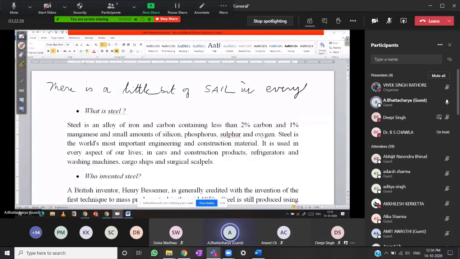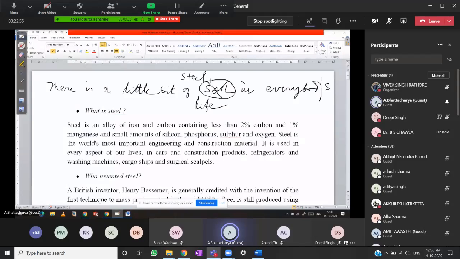Whether it is a safety pin or a watch band or whatever it is. Now SAIL is all about steel, so I will modify this. I will make it a little bit of steel in everybody's life.